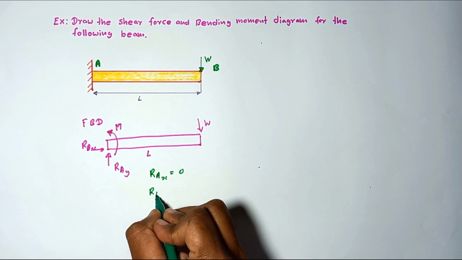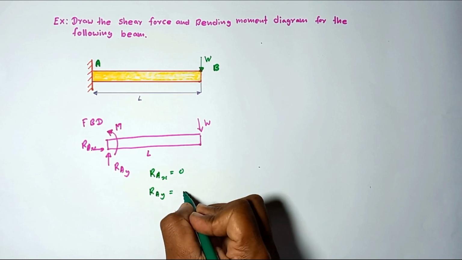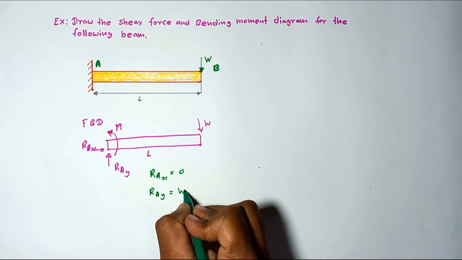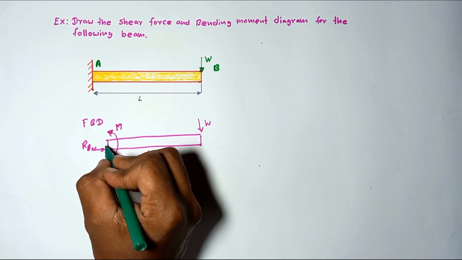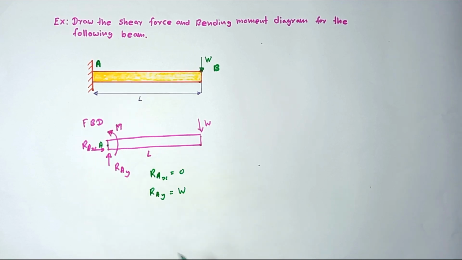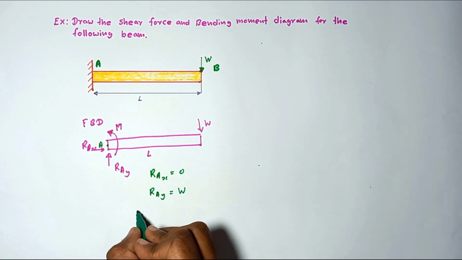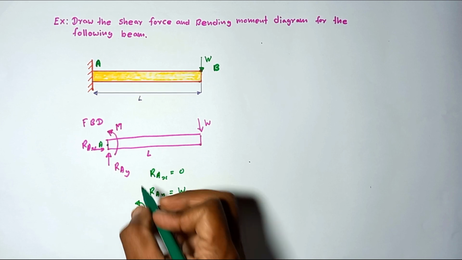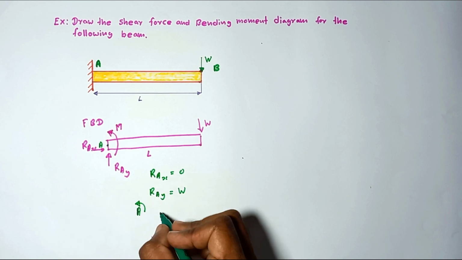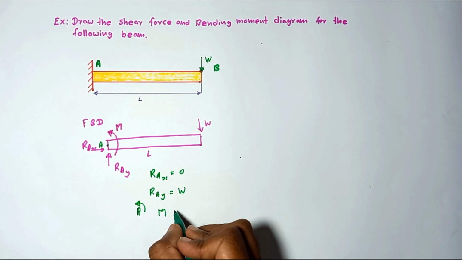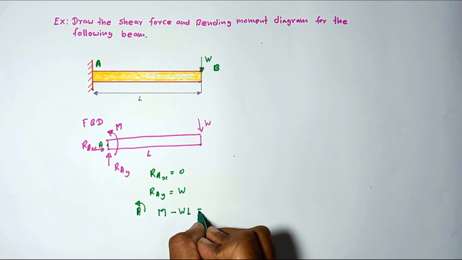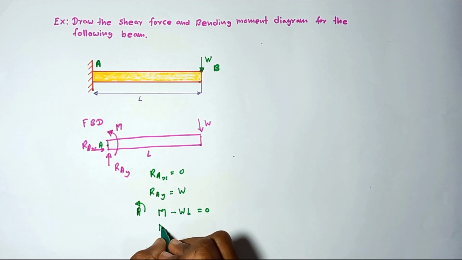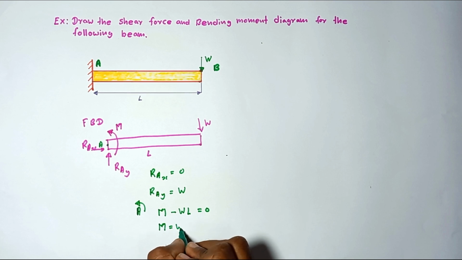R_AY is equal to W. Then by taking the moment around point A, M minus W into L is equal to 0, so that M is equal to W into L.